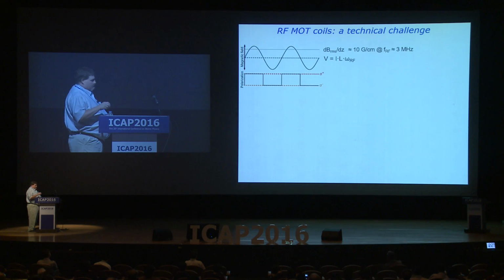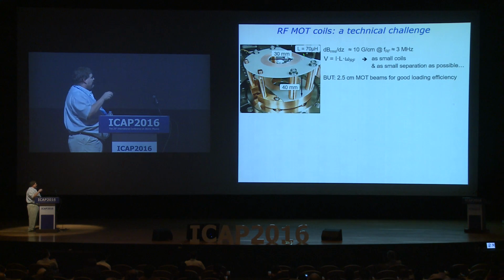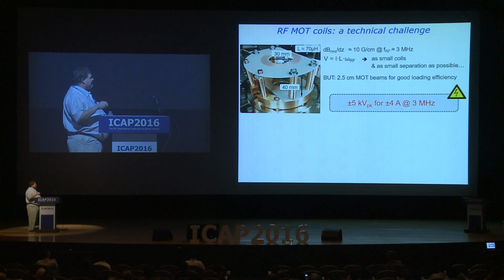MOT. So the main issue with creating this RF MOT is really a technical issue. You're trying to modulate a magnetic field gradient of many Gauss per centimeter at frequencies of a few megahertz. The trouble is that you need to do that with coils that have a non-negligible inductance. We wanted our coils to be big enough to have large MOT beams for good capture velocities.